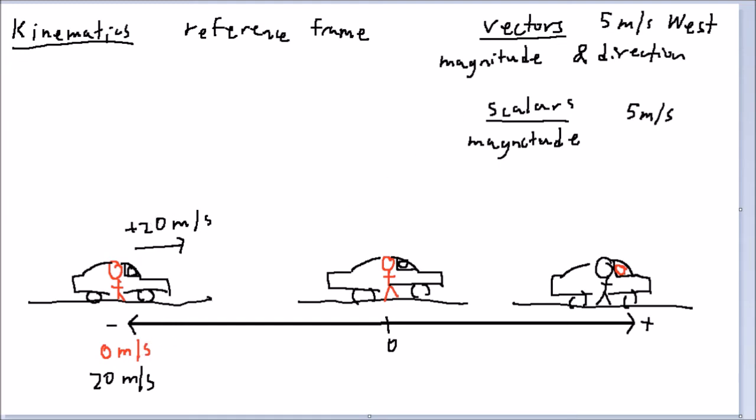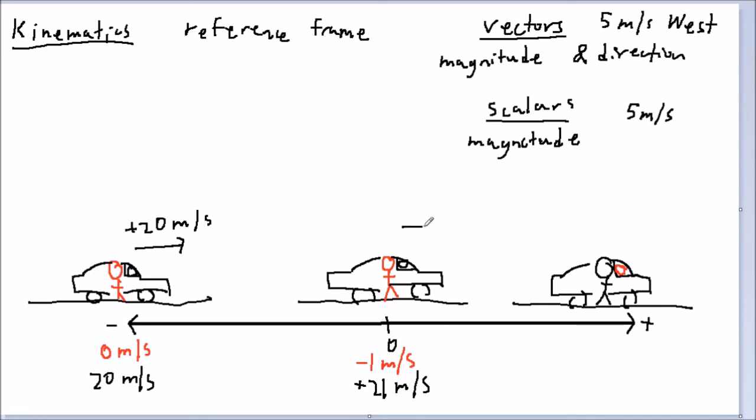You just measure the car, it's moving at 20 meters per second. Great. But instead, let's say that you're actually walking leftwards, in the negative direction, at -1 meters per second. If you're moving at -1 meters per second, and this car is still moving at positive 20 meters per second relative to the ground, then if you take out this measuring equipment and measure the car's speed, or velocity rather, you'll see that it's moving at actually positive 21 meters per second.